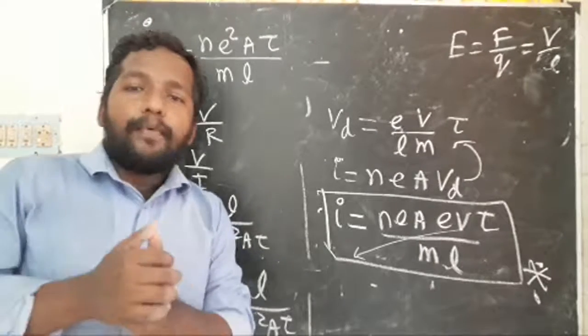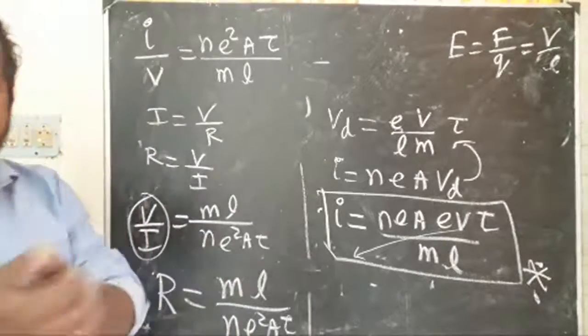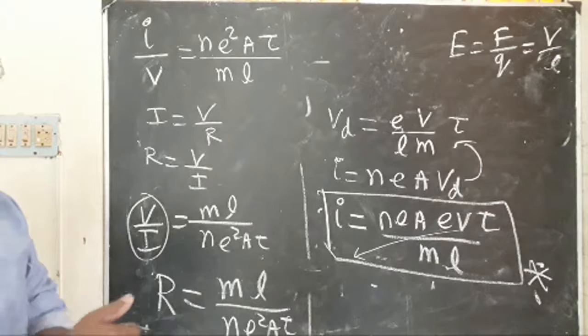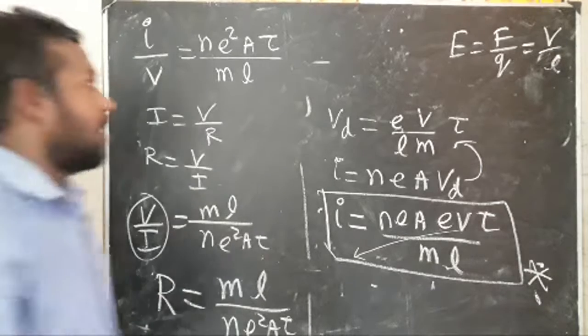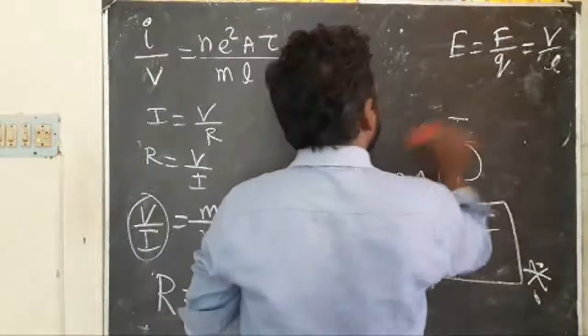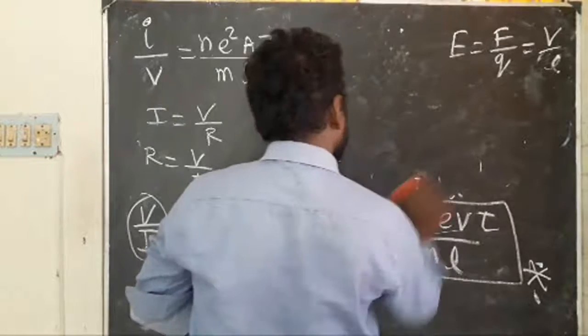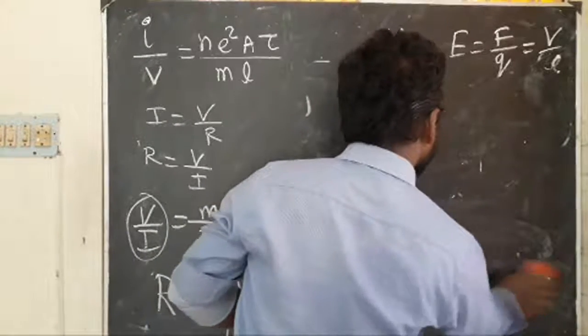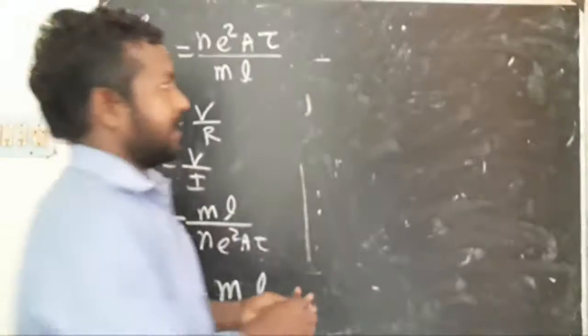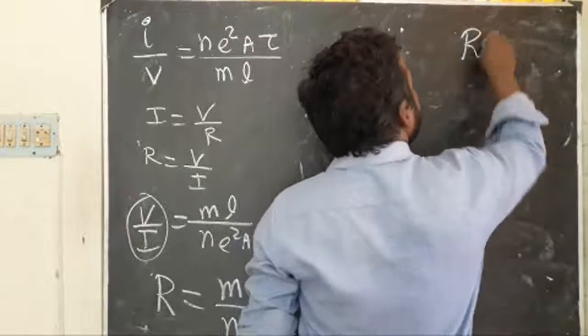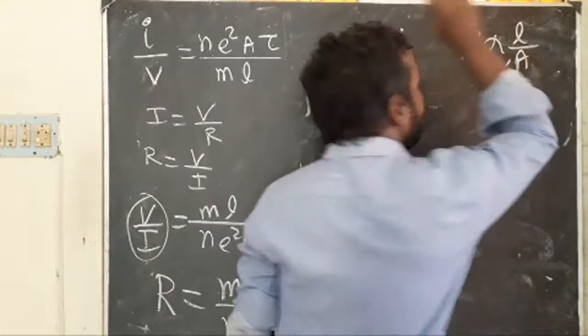Now I related with resistance, then I am going to relate with resistivity also. See here how I am relating with resistivity. We know the factors affecting resistance: directly proportional to length, inversely proportional to area.